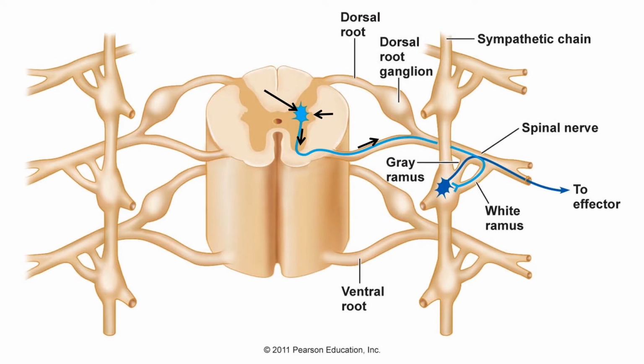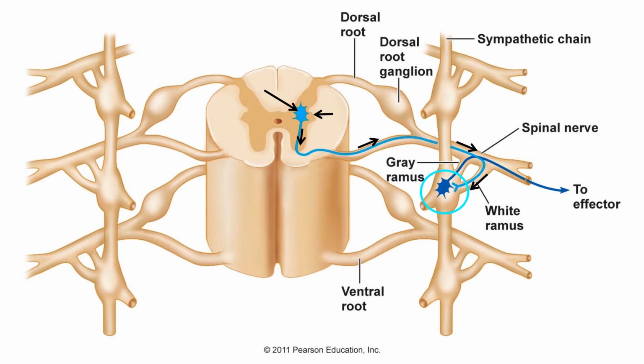It leaves through the ventral root of the spinal nerve, and then it is in the spinal nerve. Then this is what happens. It is going to leave the spinal nerve, and when it leaves, it is called the white ramus and enters a ganglion, one of several ganglia of the sympathetic trunk.